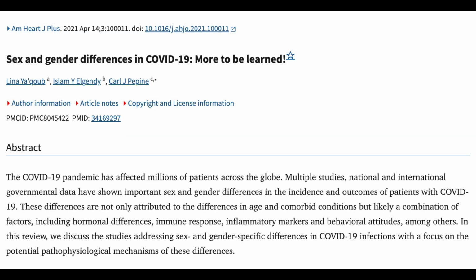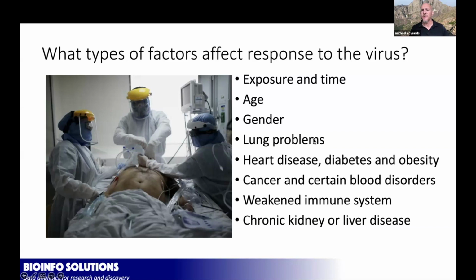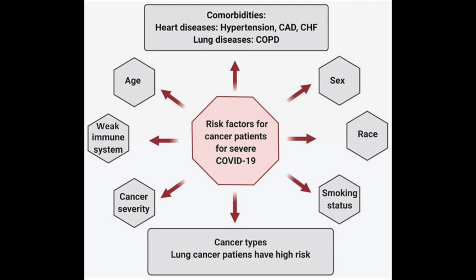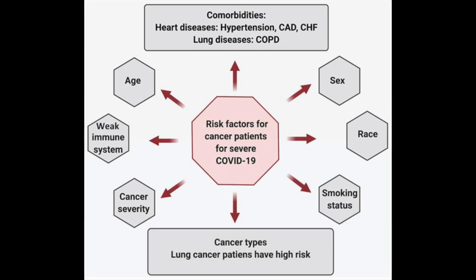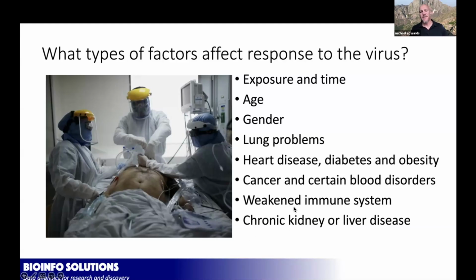We also have gender, which will affect how you respond to the virus. Certain lung problems, heart diseases, and lots of comorbidities will make you more susceptible to the virus or give a worse response. Also a weakened immune system, or chronic kidney or liver disease.